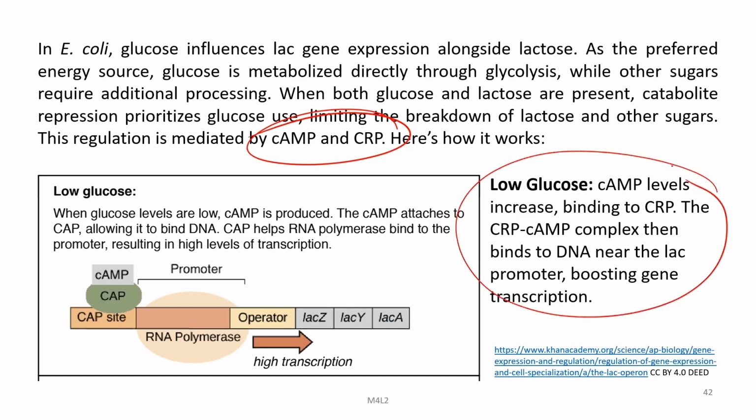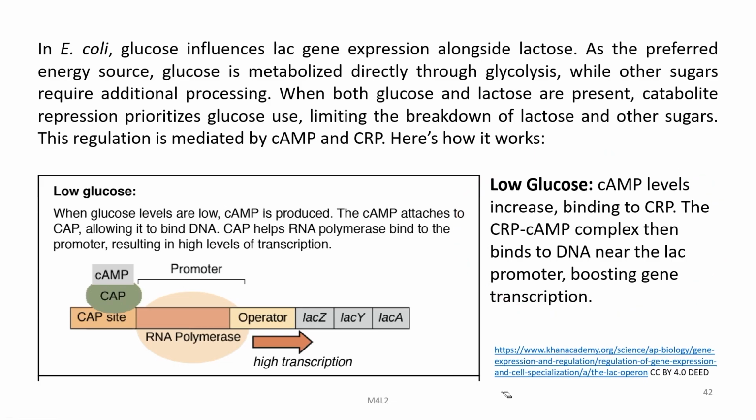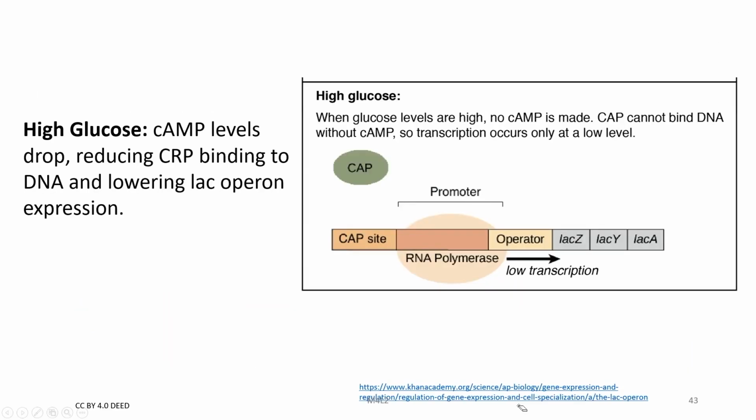In the case of low glucose, cAMP levels increase, binding to the CRP. The CRP-cAMP complex then binds to DNA near the LAC promoter, boosting gene transcription.